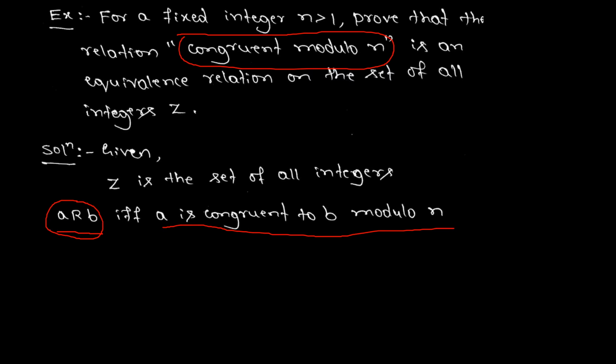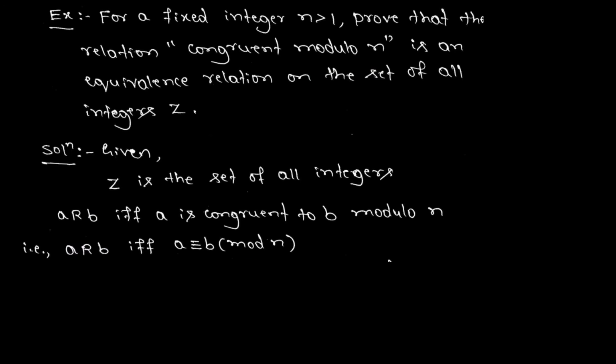Now what do you mean by congruent modulo n? Definition: a is congruent to b mod n. This is a symbolical representation of the above sentence. What does that mean?